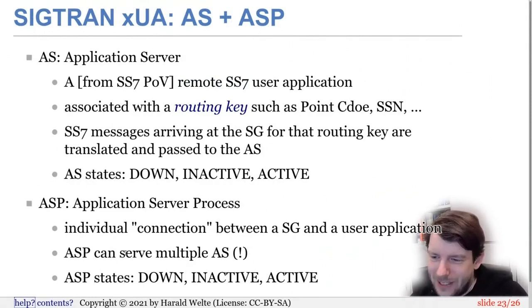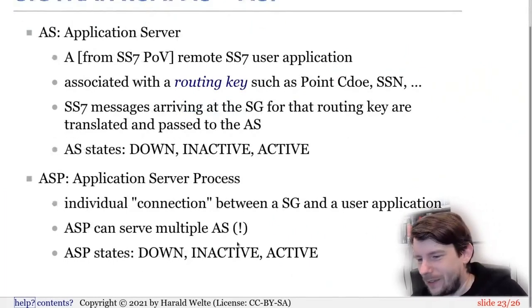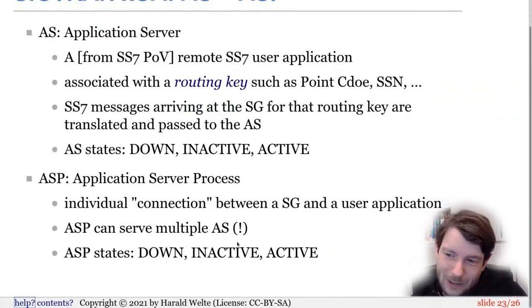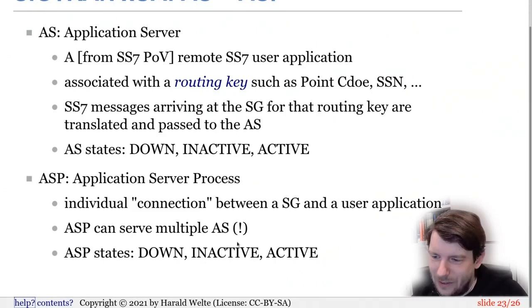So you have one connection and it can serve multiple applications over that one connection. And then you can have multiple of those connections, meaning multiple ASPs serving one or multiple application servers in order to achieve redundancies. It's quite interesting complexity that they have hidden in there.